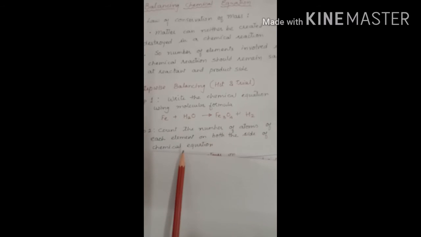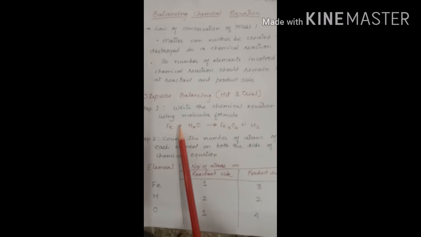The second step is to count the number of atoms of each element on both sides of the chemical equation and write them in this format. First list out the elements: Fe, then hydrogen, and then oxygen. There is no need to go on the product side, because whatever elements are on the reactant side are the same on the product side.